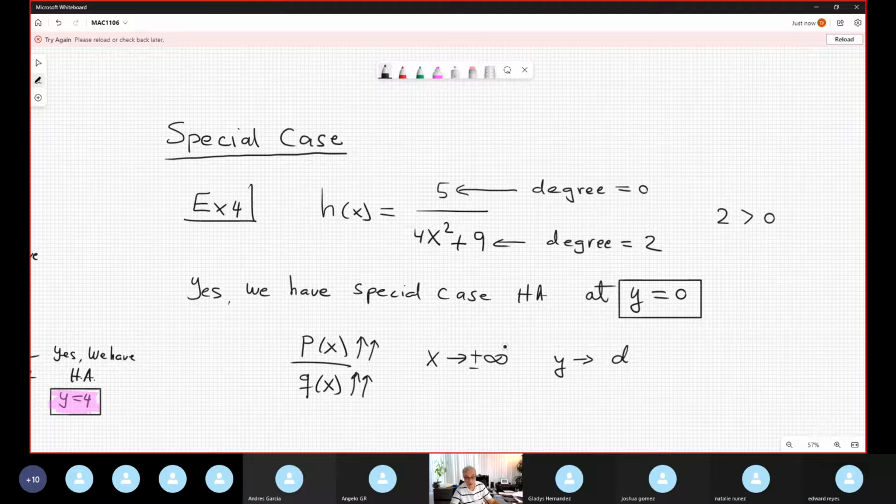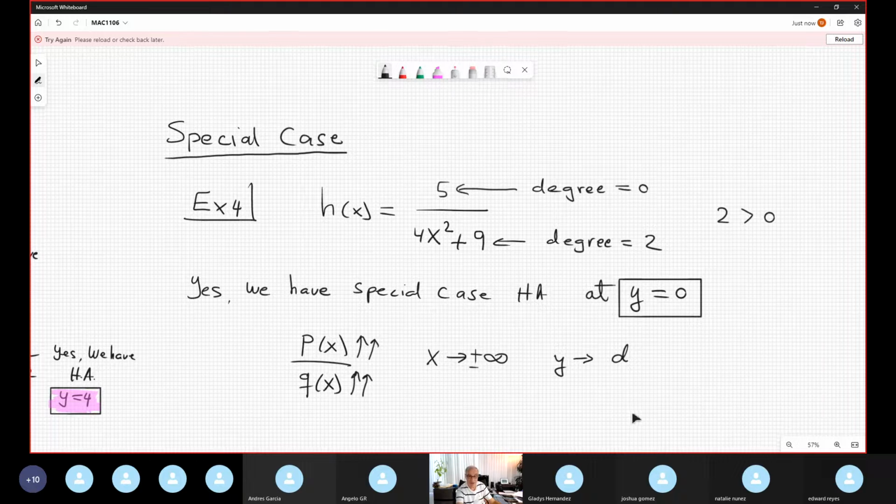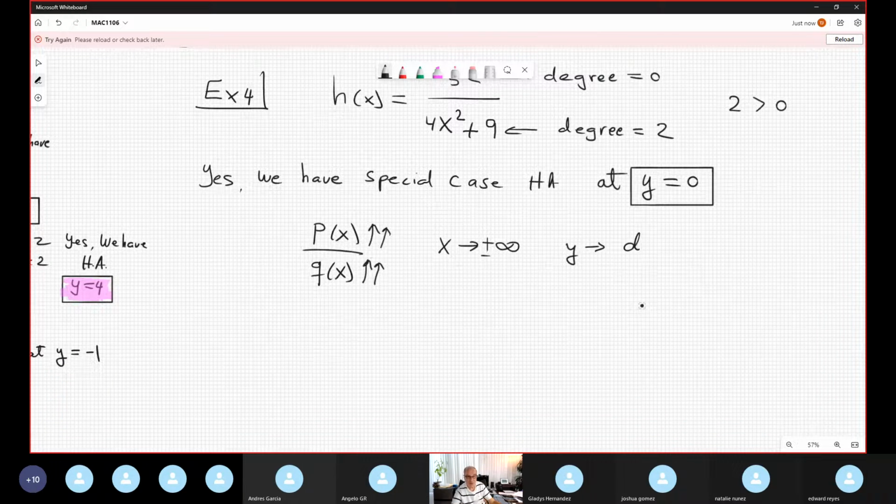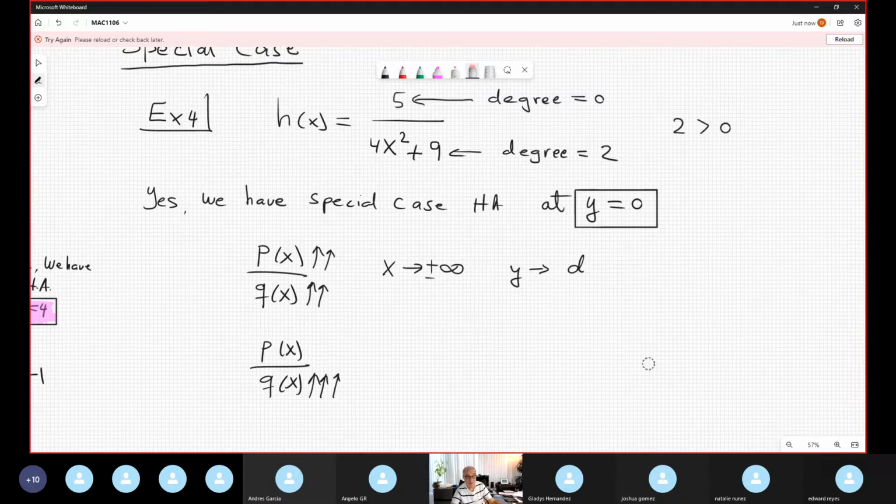However, when the degree of p over q is different, this is increasing faster than this, or this one stays constant, because in this example, the numerator is a constant function. It's obvious that if you divide one thing by something that is smaller and increasing, the y value goes to 0. Do you see this? I want to explain.